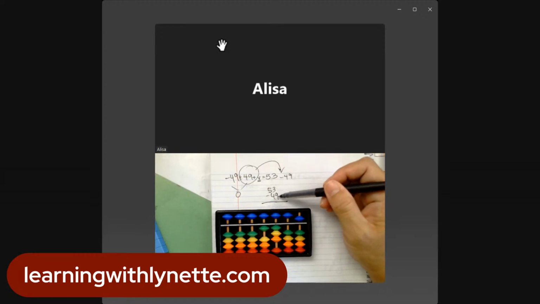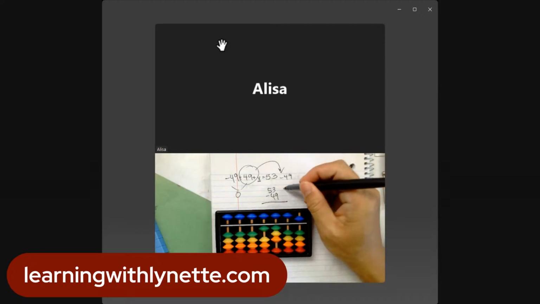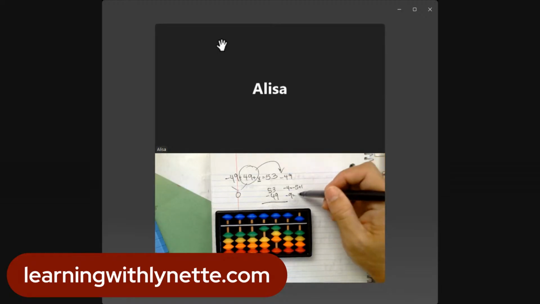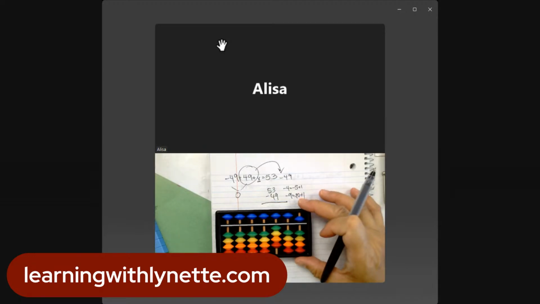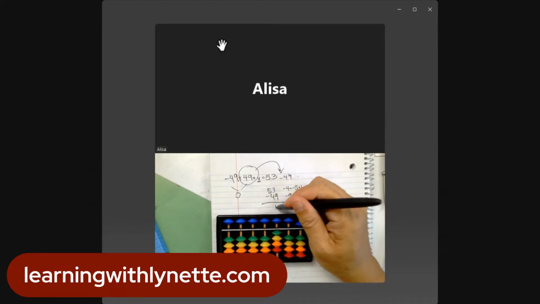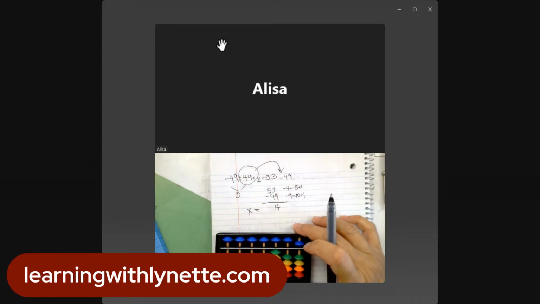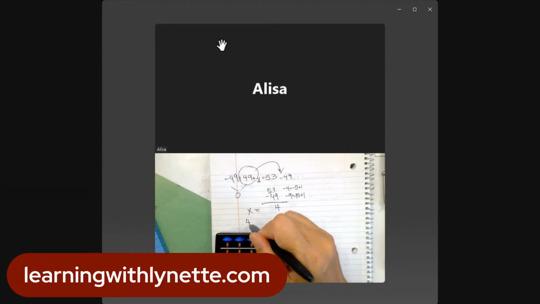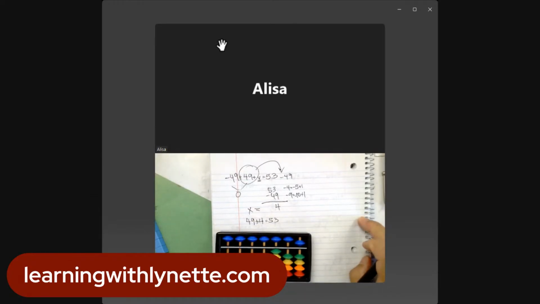And then minus the 9. Cannot take away 9 here. What do I do? Yep. Minus the 10 plus the 1. So my final answer is 4. So x is equal to 4. So then you rewrite it. 49 plus 4 is equal to 53.